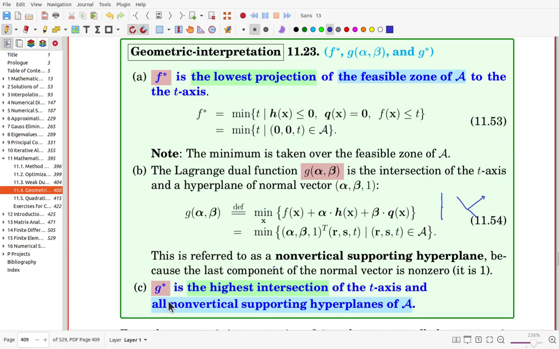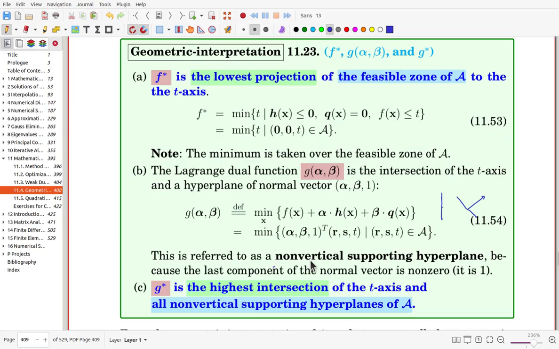Now G star, the dual optimum, is the highest intersection of the t-axis and all non-vertical supporting hyperplanes of A. Among this intersection, the highest intersection, we already know that g of alpha beta is the intersection of the t-axis and a hyperplane.